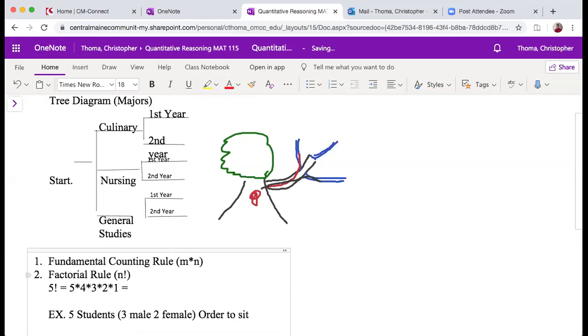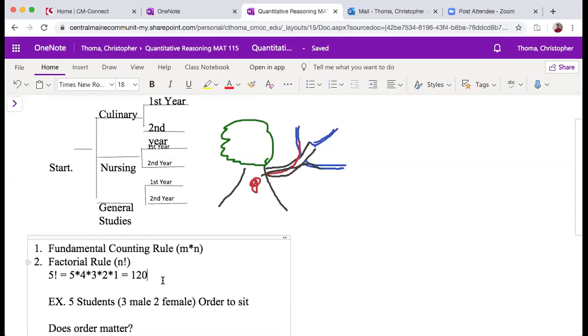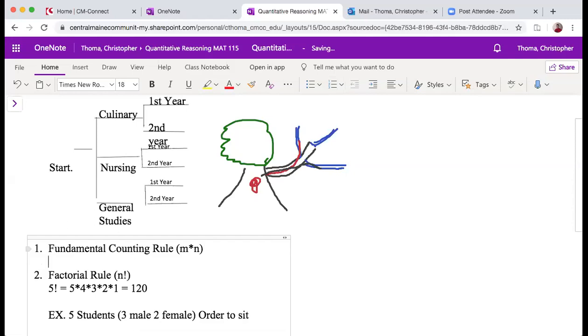So 5 times 4 is 20, times 3 is 60, and then times 2 is 120. So 5 factorial equals 120. But the key for something to follow the rule of factorial is that it has to count down by 1 every single time.